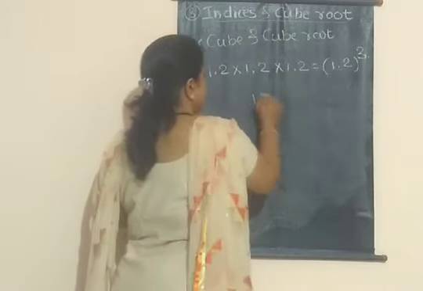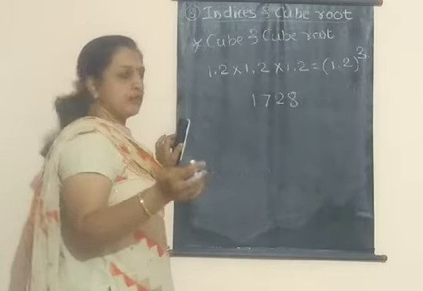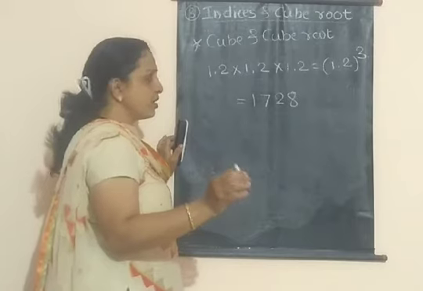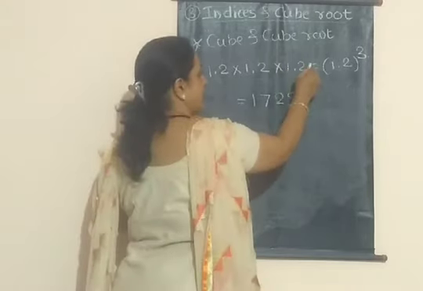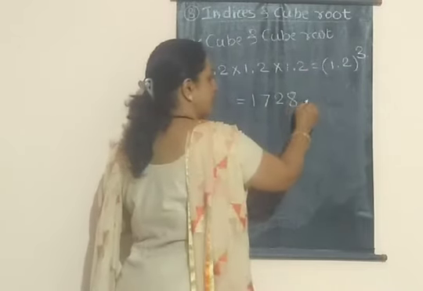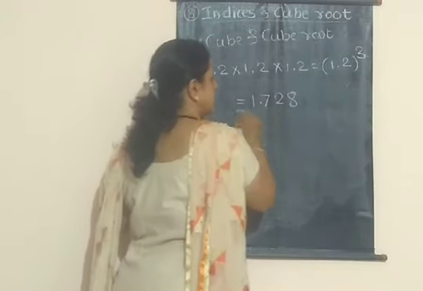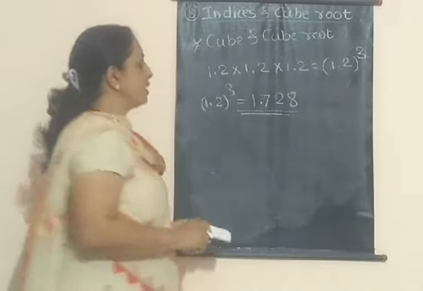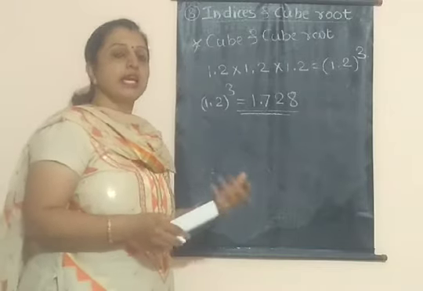The cube of 12 is 1728. And now what do we have to do? We have to measure the number of digits after the decimal point. After the decimal point 1.2 has 1 digit, but in the product we leave 3 digits from the right hand side and then give the decimal point. So 1, 2, 3. Give the decimal point here. It means the cube of 1.2 is 1.728. So in this manner you can find the cube of any number.